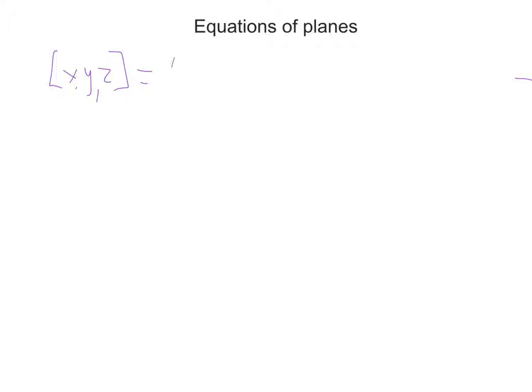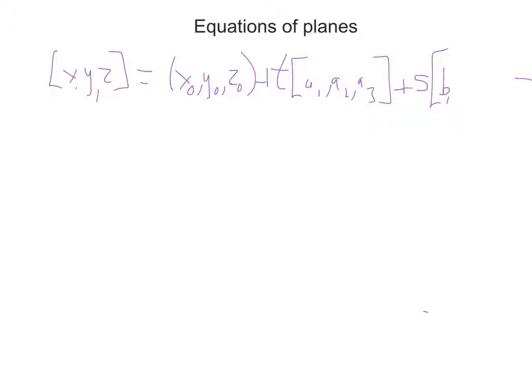And so basically you're going to have a point, any point given to you that's on that plane, plus t times any direction vector, let's call it A1, A2, A3, plus another scalar s times a different direction vector B1, B2, and B3.